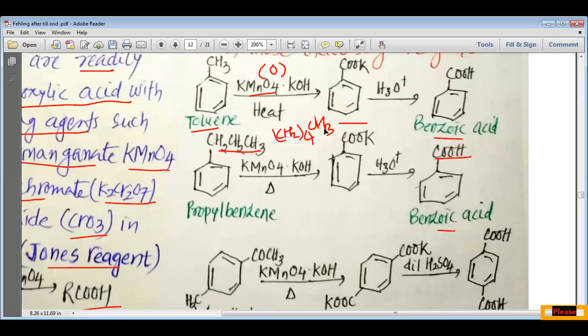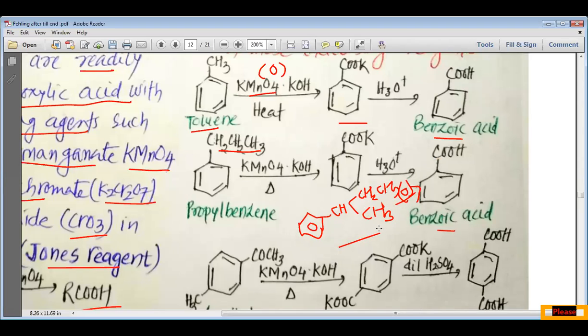Or my dear students, if we have a secondary group bonded to the benzene, like CH, then here you have CH2, CH3, and here we have CH3. Even if such a compound is oxidized, it will oxidize to benzoic acid only, irrespective of the length of the side chain.